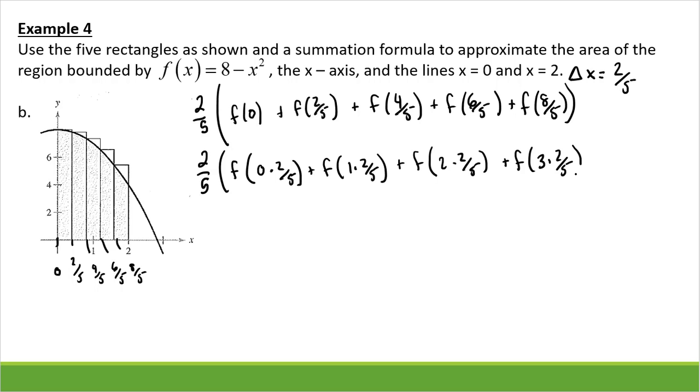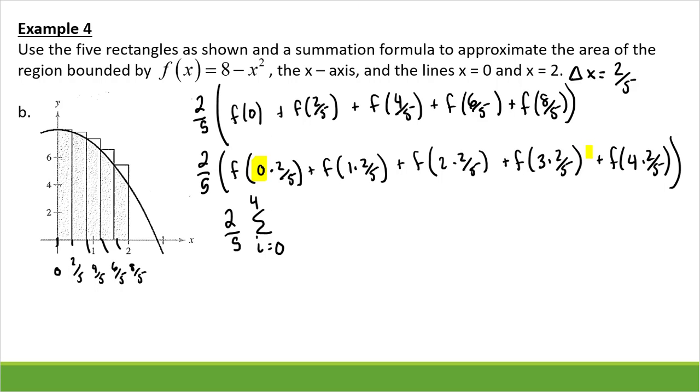Now writing that in summation notation, the book always starts with your summation being 1, so I'll try to adjust that in a minute. But I'm going to start at 0 since I started at 0 there, and I go to 4 because I went to 4 there. And we have f of 2/5 i.